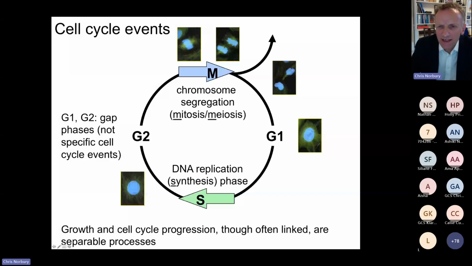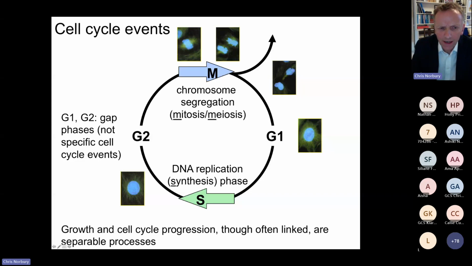And usually there are gaps in between M phase and S phase, which are gap 1 and gap 2. So there's this repeating cycle of events which generates more cells that is really the focus of our interest in research terms and has been for many years.